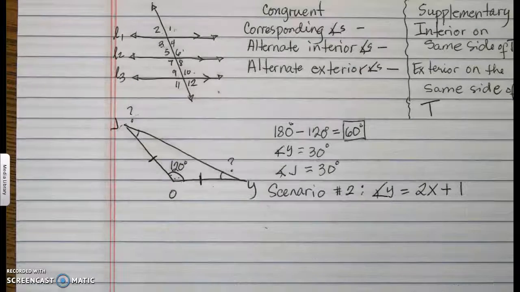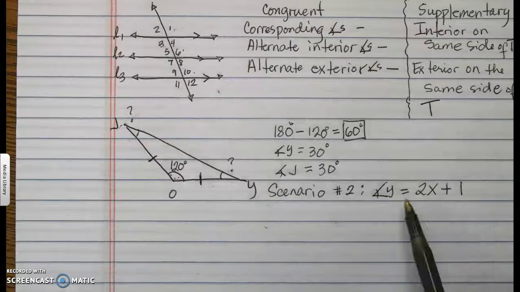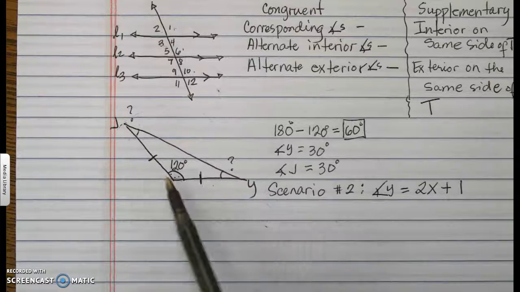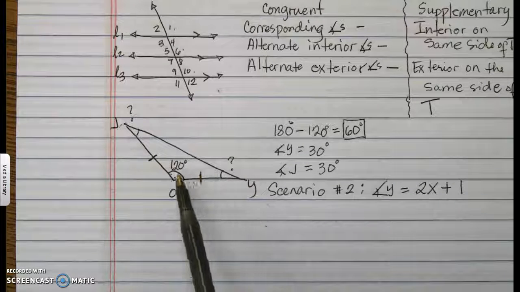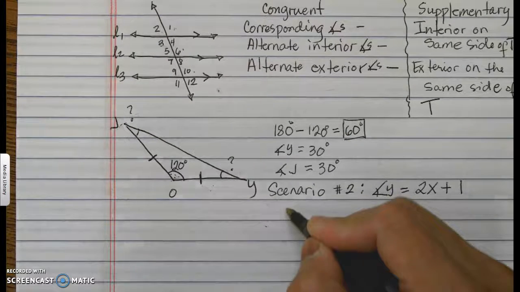Find x. So what if we have scenario number 2 where we are given that angle Y is equal to 2x plus 1. So after doing all the math, you know that this is going to be 60 for both of them. And so I will just put 2x.